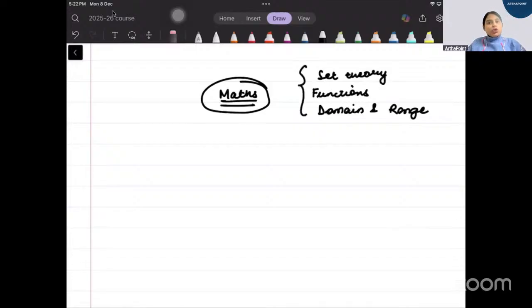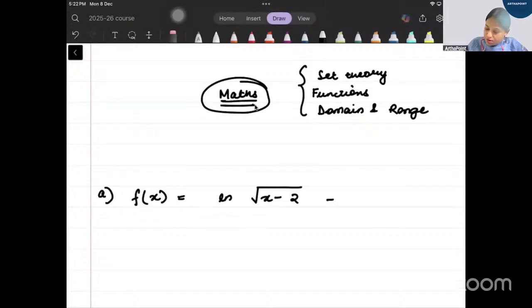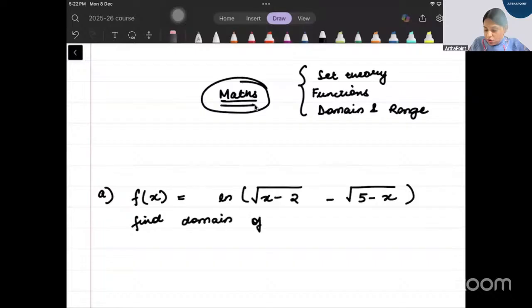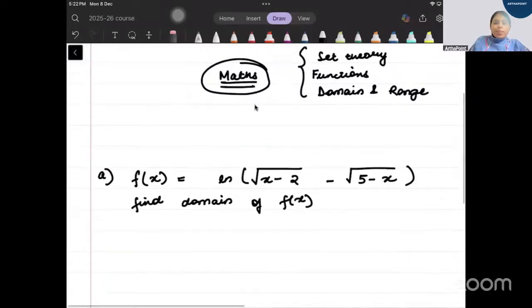Okay. Question number 1 for the day. You're given a function ln of (x minus 2 under root minus 5 minus x under root), and you have to find the domain of the function, right?